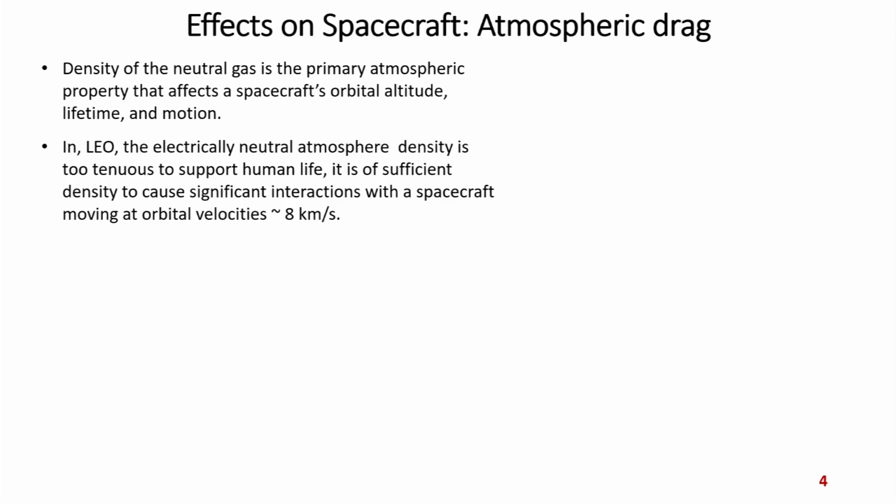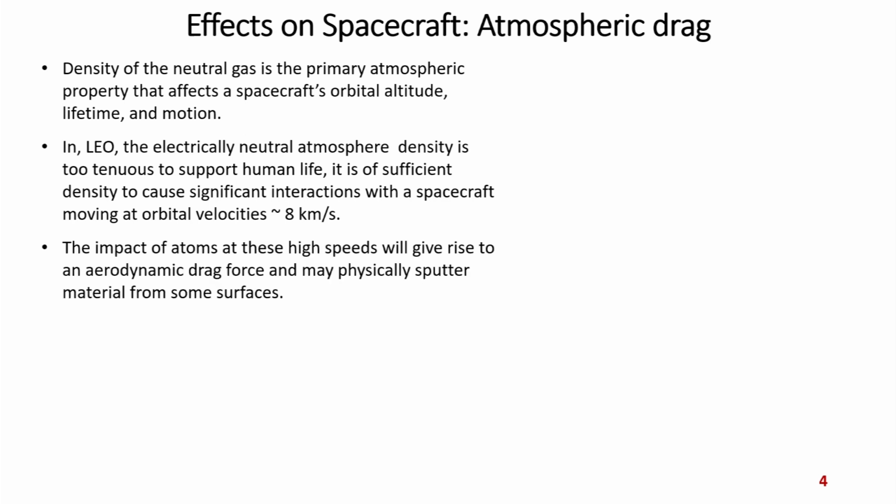Again, this depends on the orbital velocity, which depends on the altitude. When you consider low earth orbit, on average it can be 8 kilometers per second. Whenever you go to higher and higher altitude, this orbital velocity will reduce.